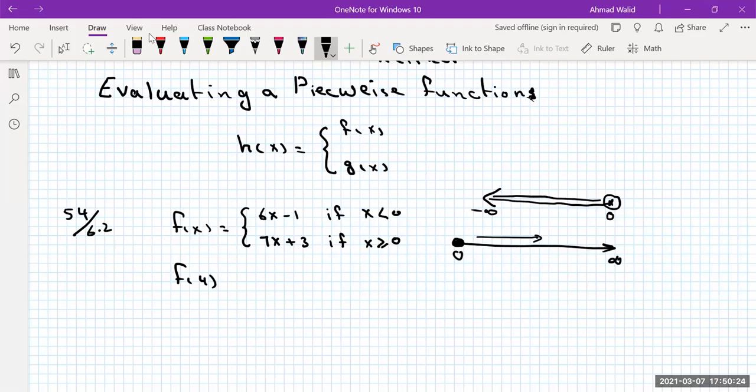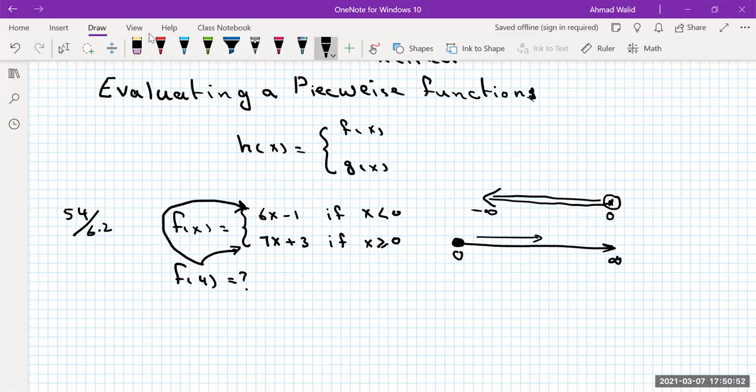Why do I explain this for you? Because when they're asking you to evaluate a piecewise function at a given point, you have to focus on the domain. Do you want to plug 4 into the first function, or plug 4 into the second function, or plug it into both and calculate?